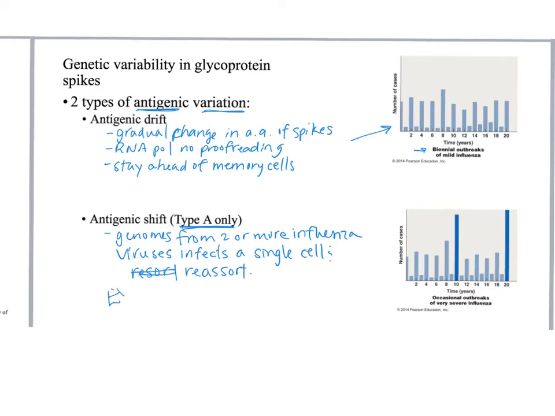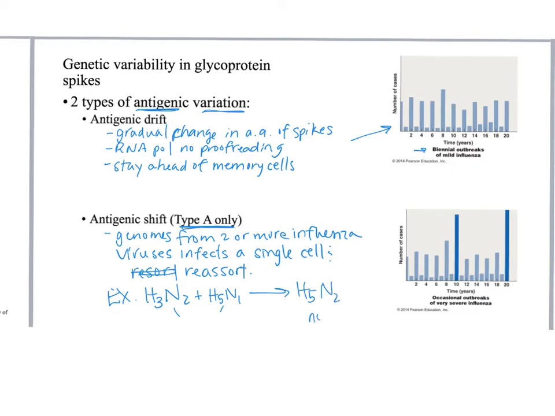Okay, so for example, if maybe you have an H3N2 virus that, say, is in a human, and an H5N1 from a bird infects a duck, for example, both of those in the duck at the same time, and they can reassort and make an H5N2.